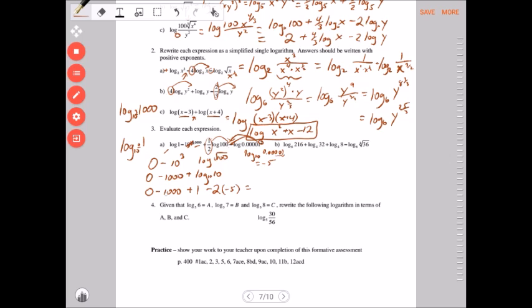So negative 1,000 plus 11 is negative 989. Okay, marvelous. So that is that one. I know there was an awful lot of math going on in that particular question.